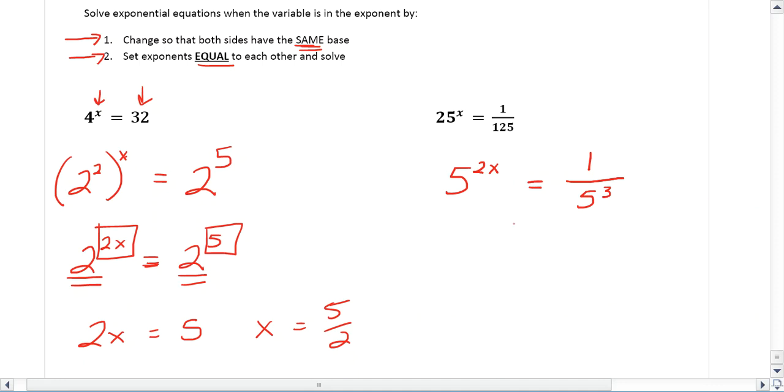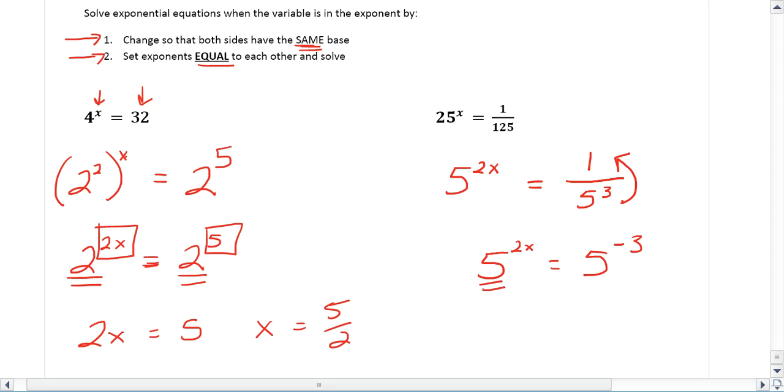Now we need to make these like bases, so if you remember, we flip an exponent when it's negative in order to make it positive. Well, we can do the vice versa of that. You can flip this 5 to the 3rd up here to the numerator, but if you do flip it up, then that positive 3 becomes a negative 3.